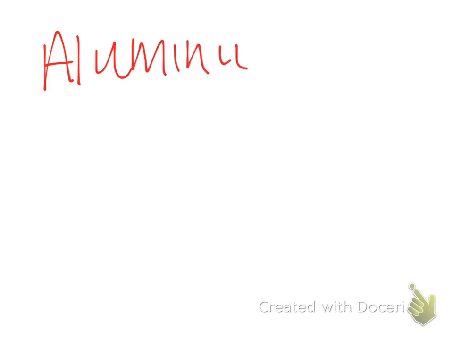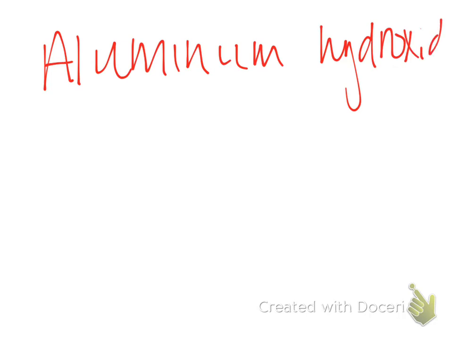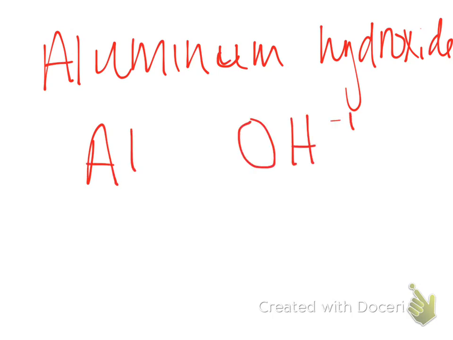So, aluminum hydroxide. Aluminum hydroxide. Aluminum is Al. Hydroxide is OH minus 1.